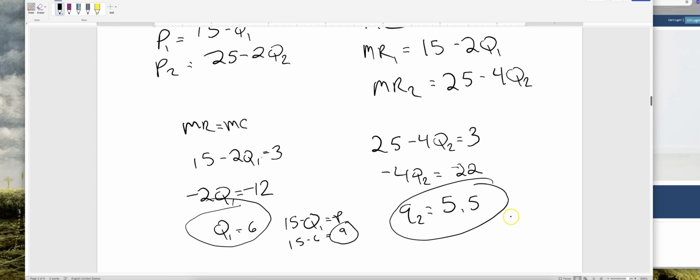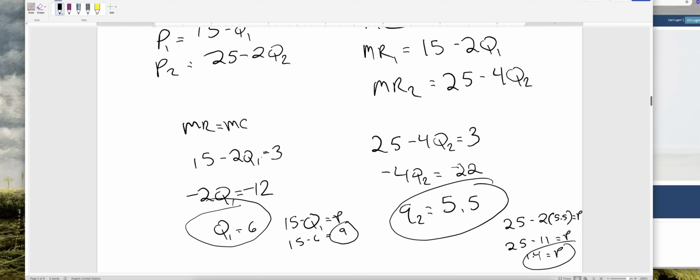Goes over here. In market 2, the price would equal 14.